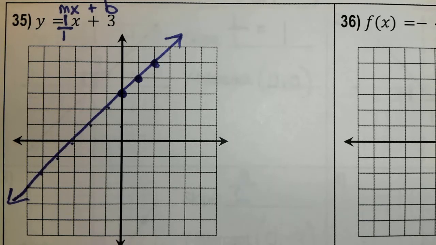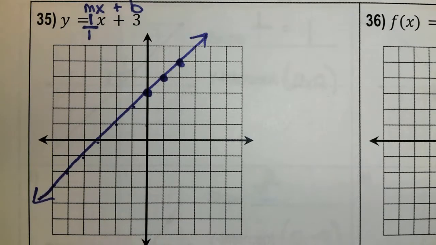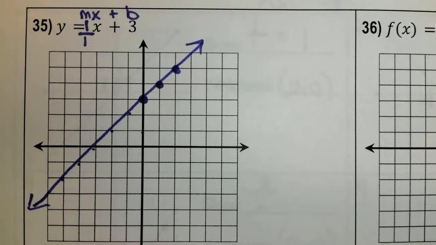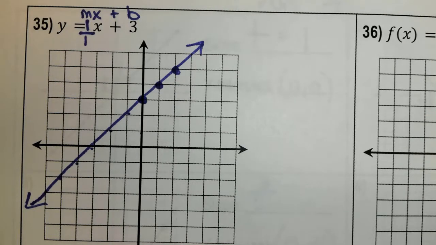But anyways, you only need to do 2. Again, you can do 2 points and draw a line through those, but if you make a mistake finding the second point and you just draw your line, you probably won't even notice. So I always try to recommend if you can get at least 3, because if you do 3 points and they're all wrong, then okay, you got them all wrong.